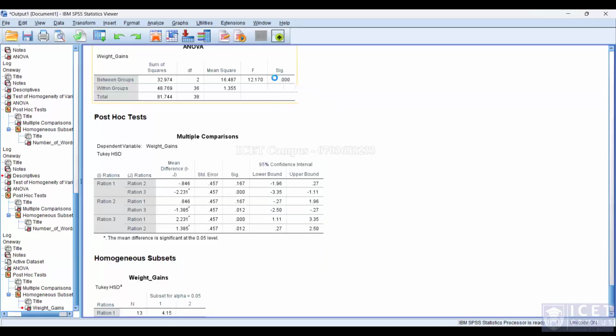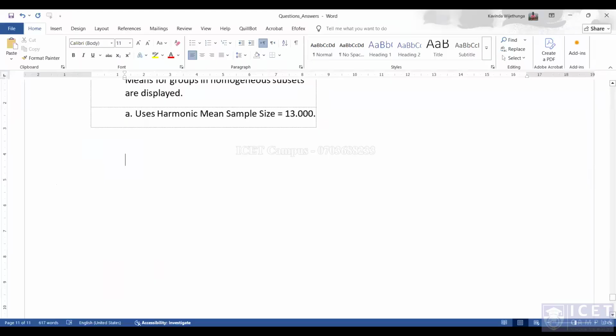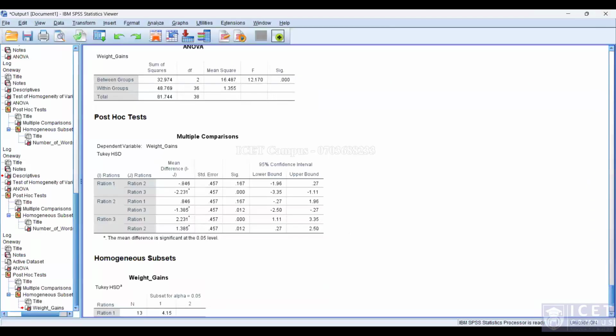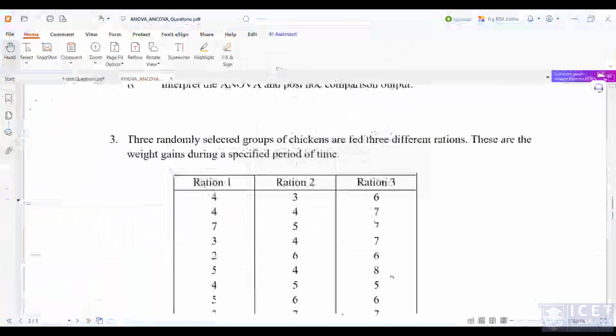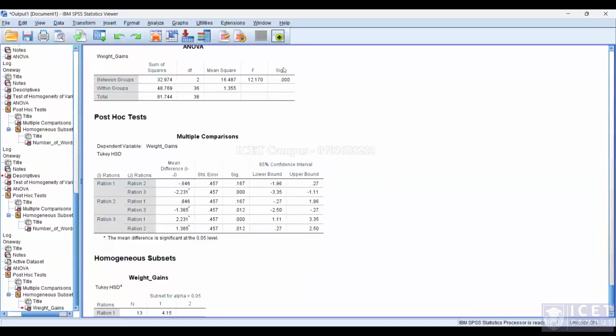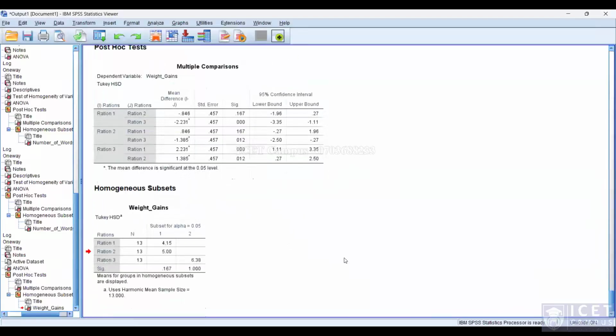Therefore, we can conclude that, we have to check, there is no difference between the weight gains of chickens, right? So that you can write in here. Once you calculate that it is 0.00, it means 0.00 is less than 0.05.